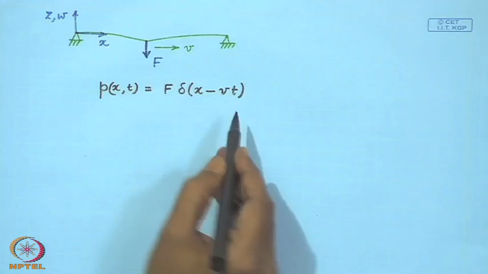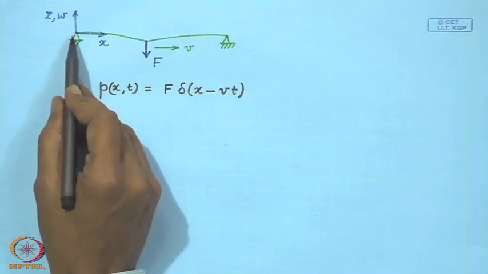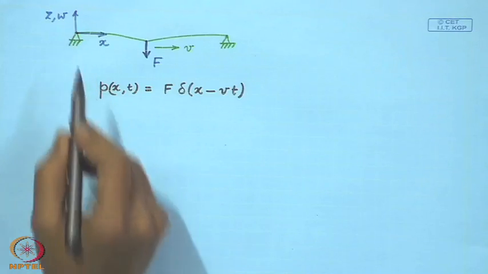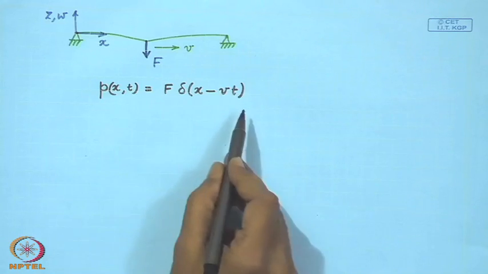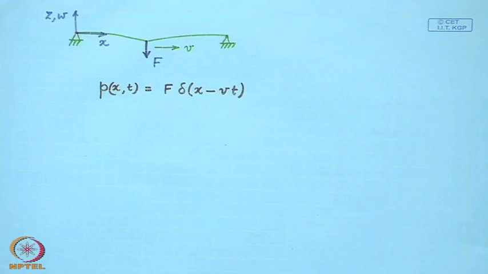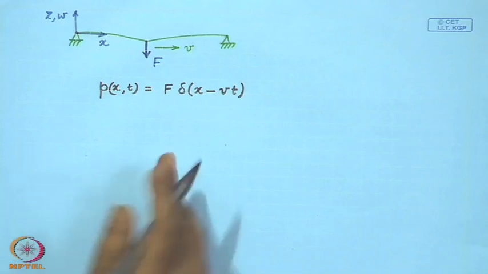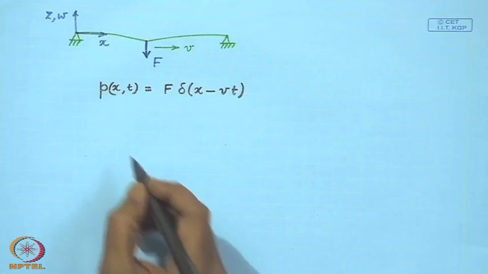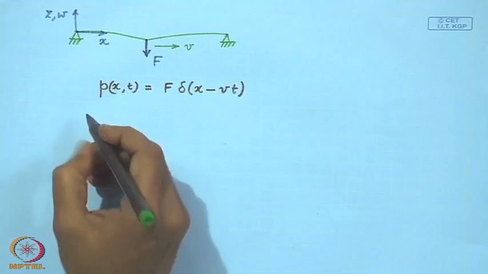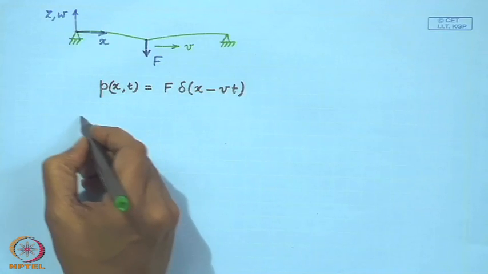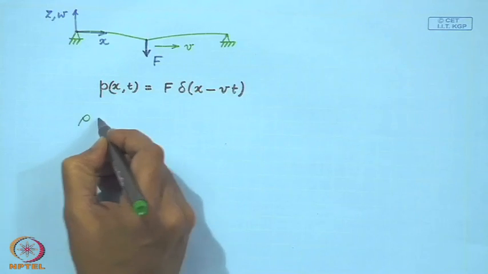So, I am assuming that at time t equal to 0, this force was at the origin, that means at x equal to 0. So, this is a representation of the force distribution on the string because of a cable car moving on the string.